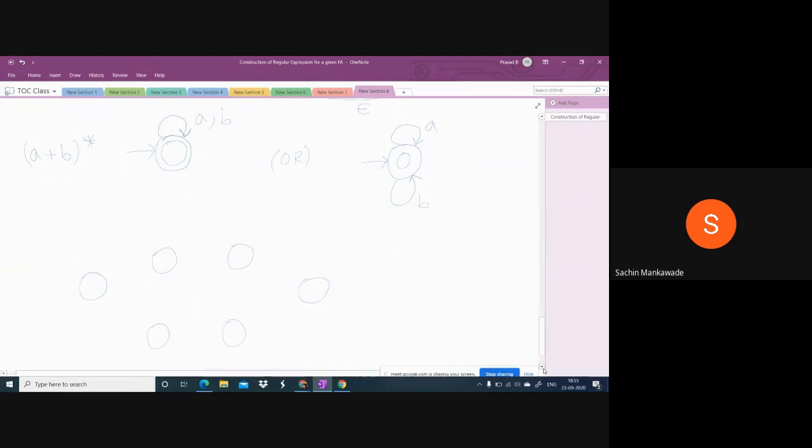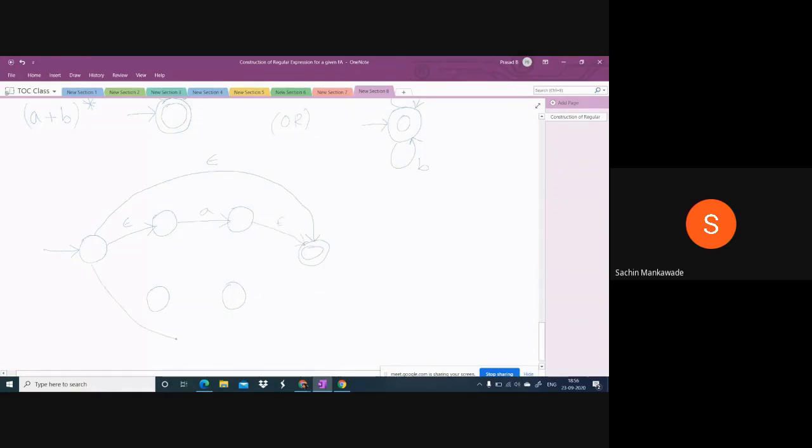A plus B whole star means first the smallest string is epsilon, so accept epsilon first. This is for epsilon. It will have only A's, so epsilon followed by A followed by epsilon.